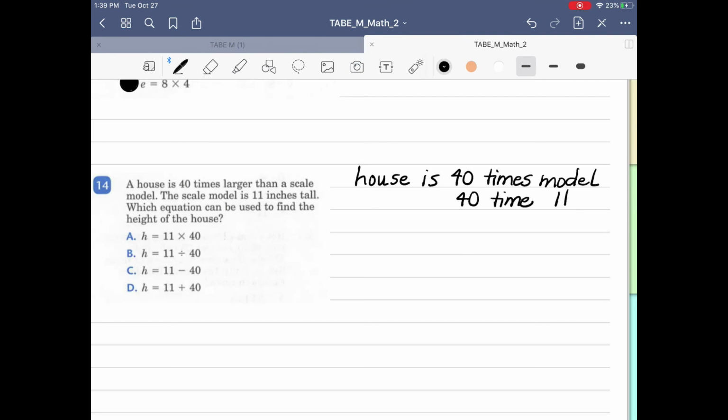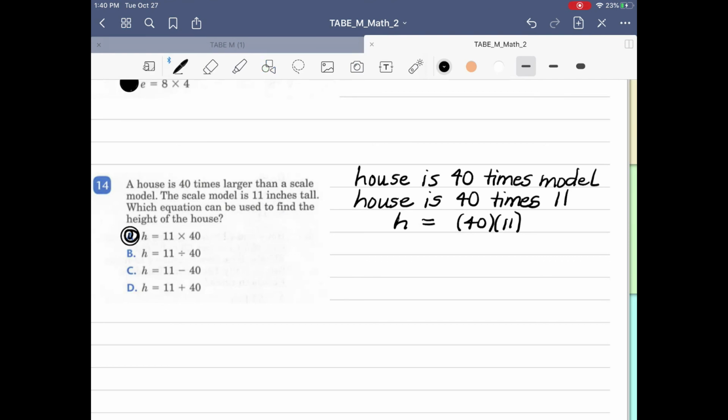Which equation can be used to find the height of the house? So the house is 40 times 11. Here's how I would write it. And A would be the answer.